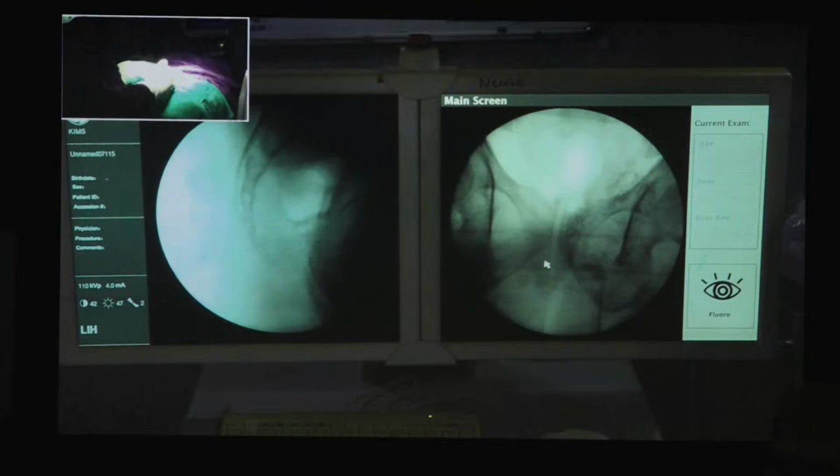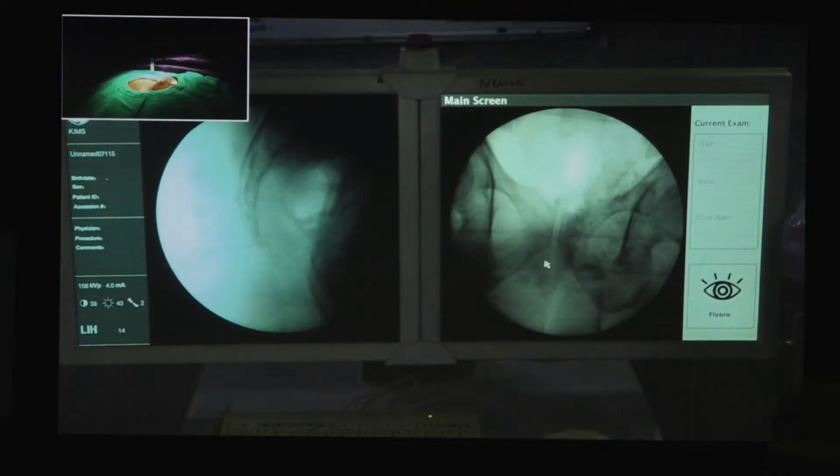The first and second part of the fused coccyx will have a sacrococcygeal ligament.